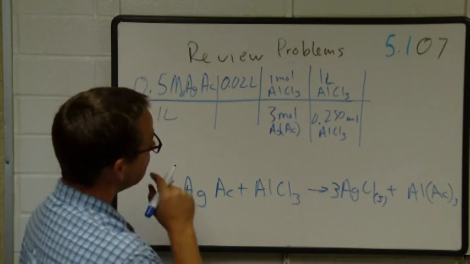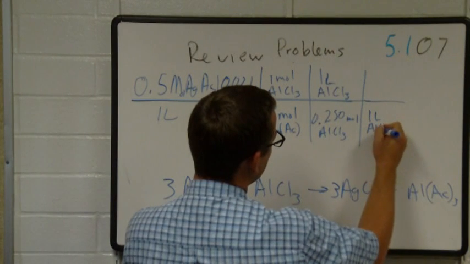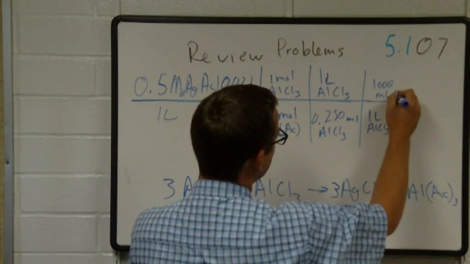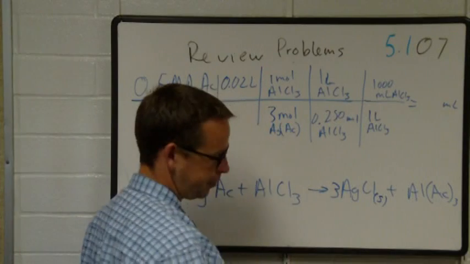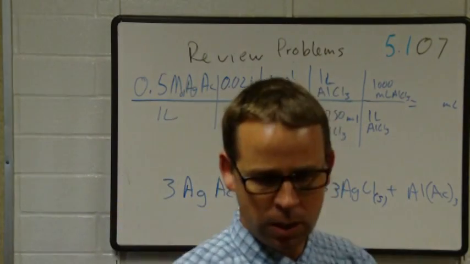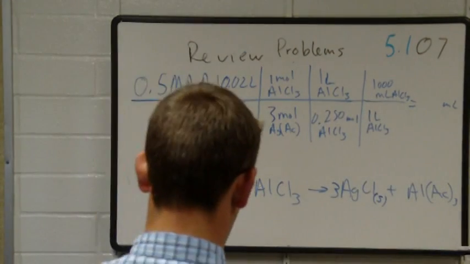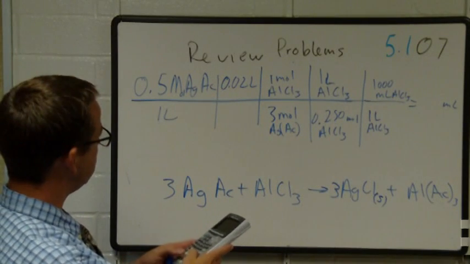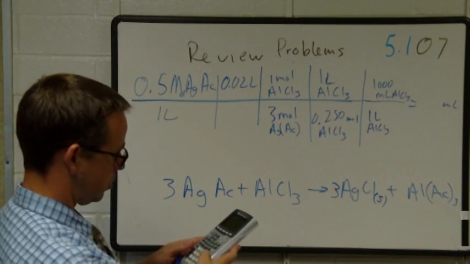All right, so if we convert that 1 liter of aluminum chloride to 1,000 milliliters of aluminum chloride, this will tell us how many milliliters we need. All right, calculator. 0.5 times 0.02 divided by 3 divided by 0.25 times 1,000.